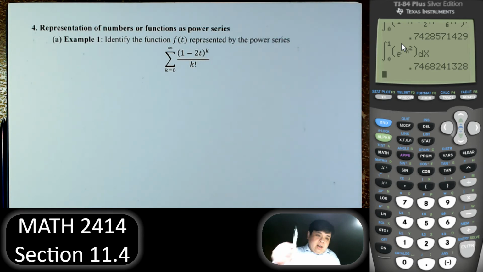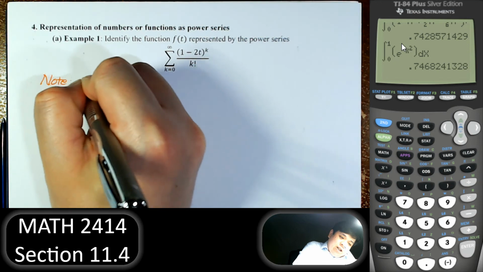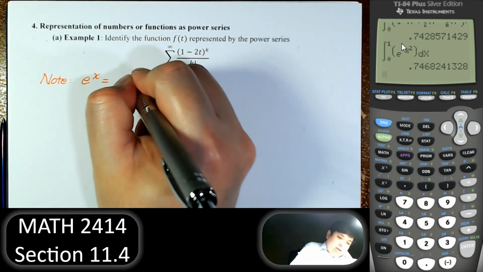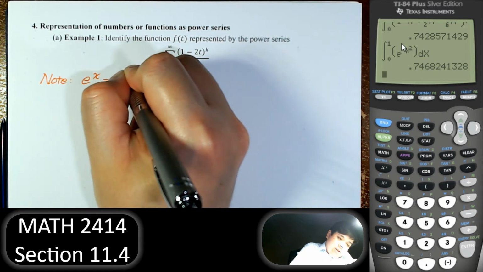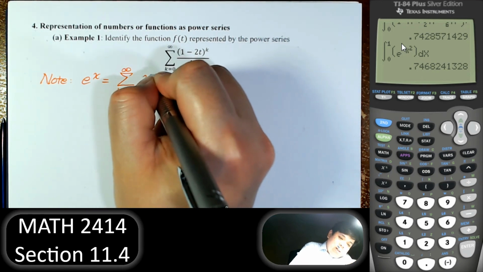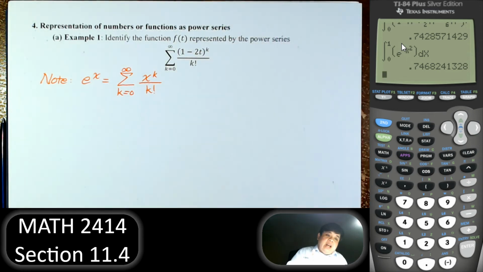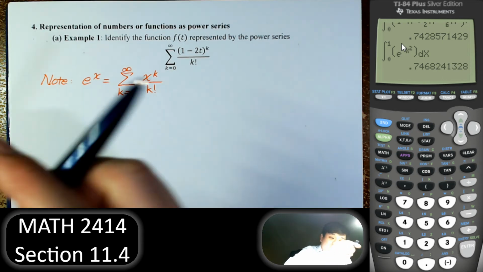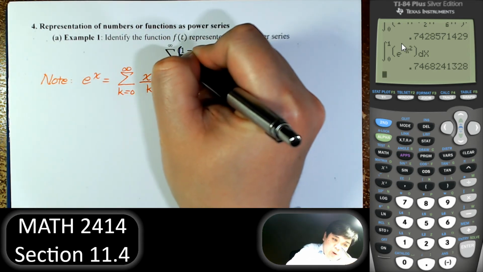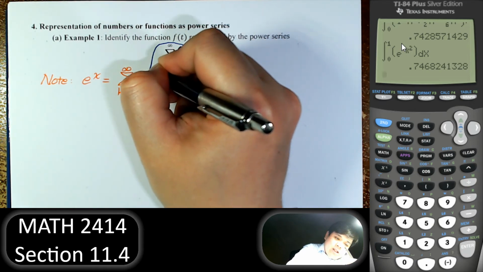So let's say e to the x is the summation, we don't need to write out all the terms, of x to the k over k factorial. So we certainly have k factorial at the bottom, which is perfectly fine. We have k on the top. The only thing that is not quite the same is the 1 minus 2t. So we will substitute that into this x.